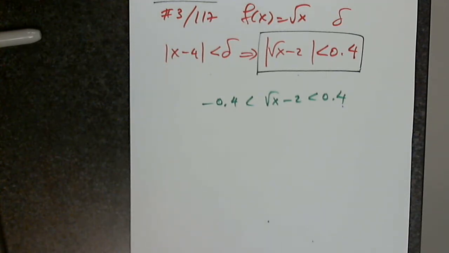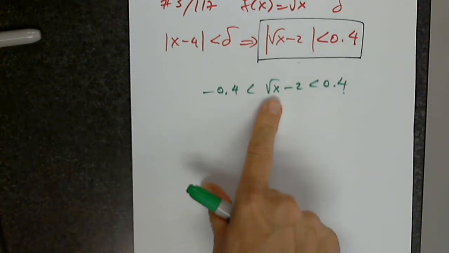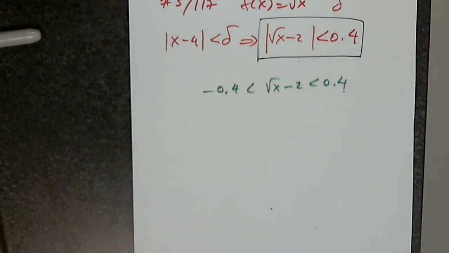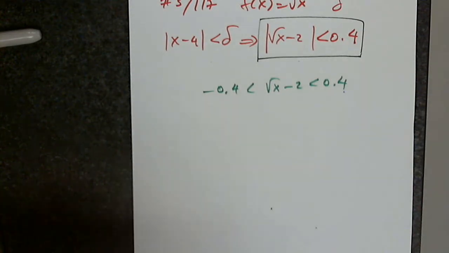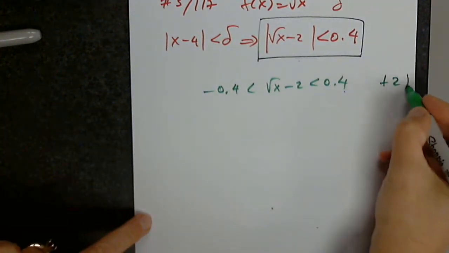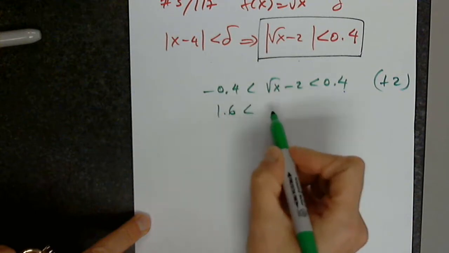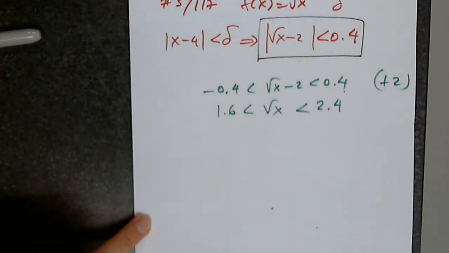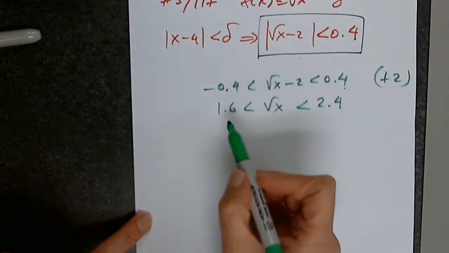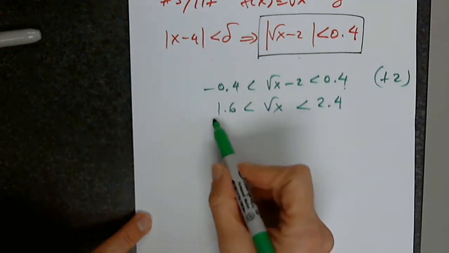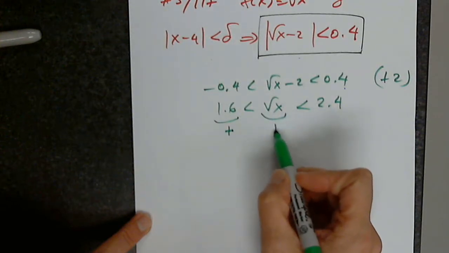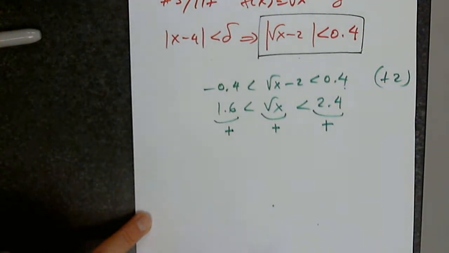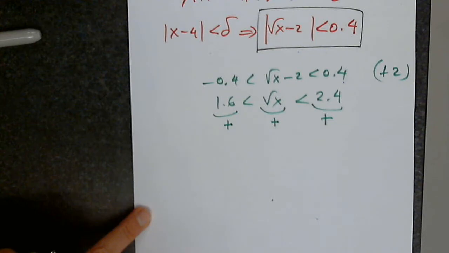Do we remember that? Okay, how do I continue solving this? Only now I can add 2 to all three sides. So then I have here 1.6, the square root of x, and 2.4. Good. Now, since and only because these are all positive numbers, I'm allowed to do something special that normally I would not be allowed to do in an inequality.